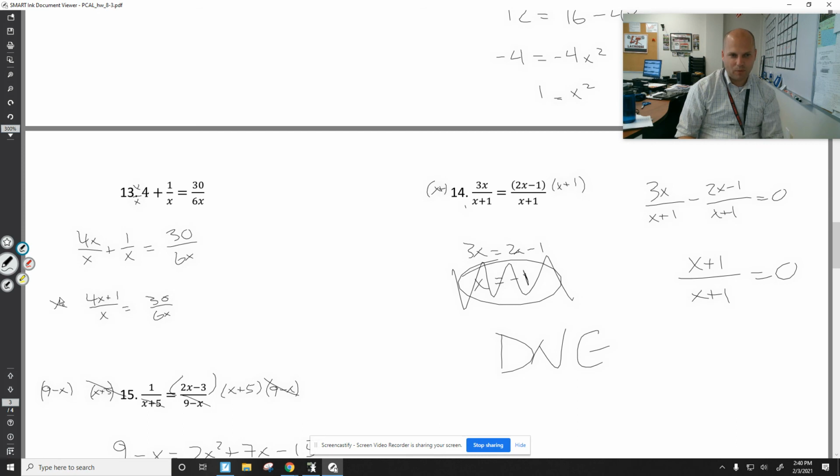If you multiply both sides by x, x cancels here and the x cancels here, giving you 4x plus 1 equals 30 over 6. That's 5. Subtract 1, divide by 4, x is 1. 4 plus 1 is 5, equals 30 over 6, which is 5.